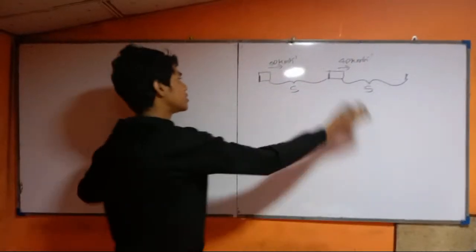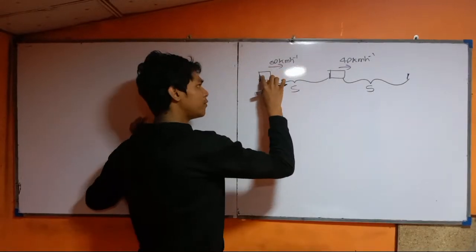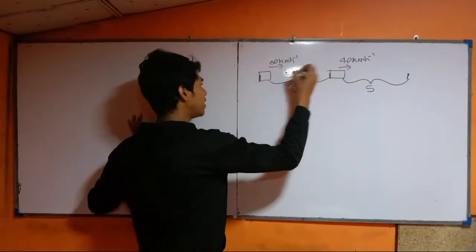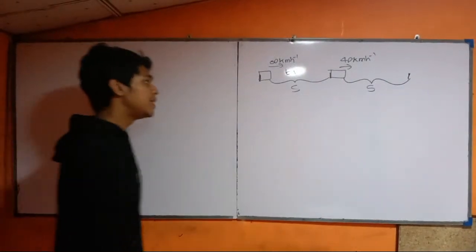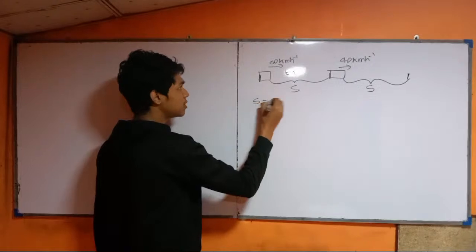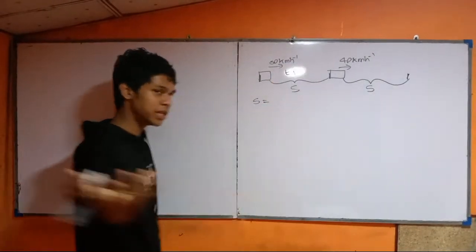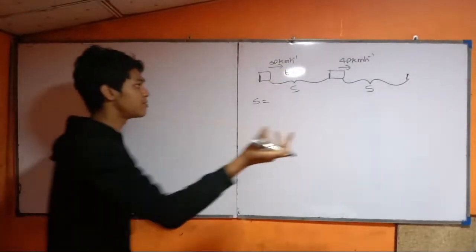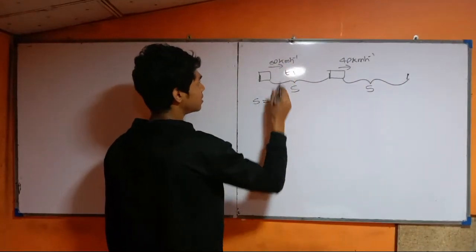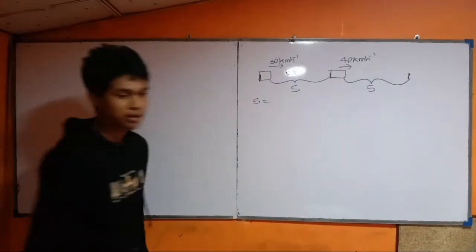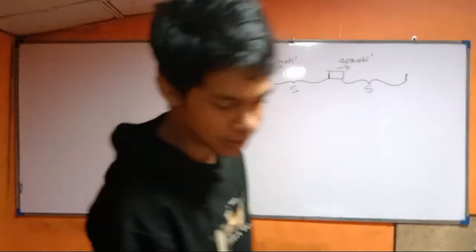So here S is going to be equal to... Let's take moving from here to here, you take time t1. Then you can write S equals ut. There's no acceleration there. I'll just take it in kilometers per hour because the answers are in kilometers per hour, so no need to convert into meters per second.